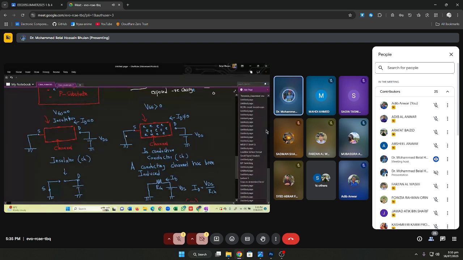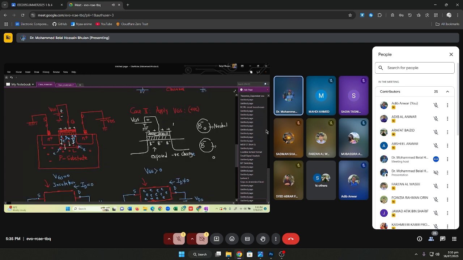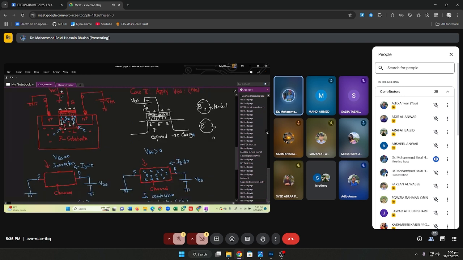Now, as an engineer, we're going to find out the IV characteristics, how the voltage VDS and the current IDS are connected. Okay. Now, we know that with VGS greater than 0, we have a scenario where channel conductivity changes.